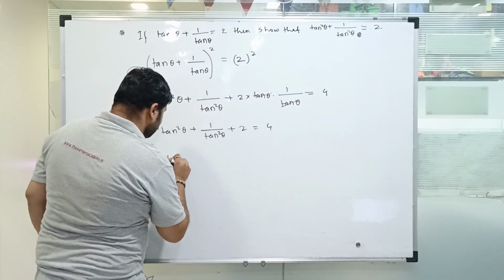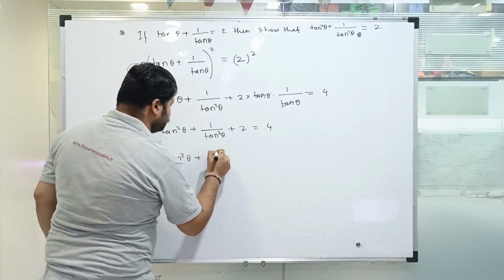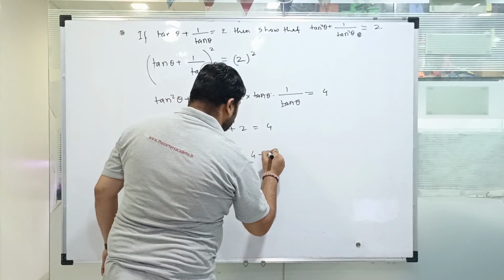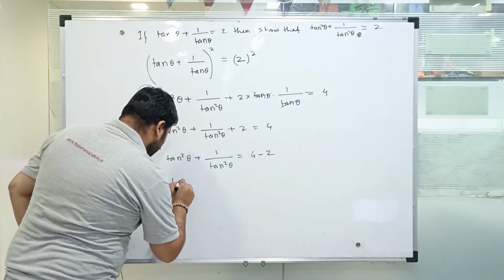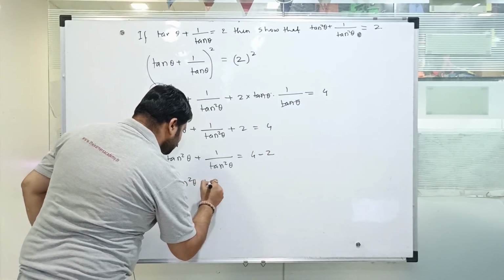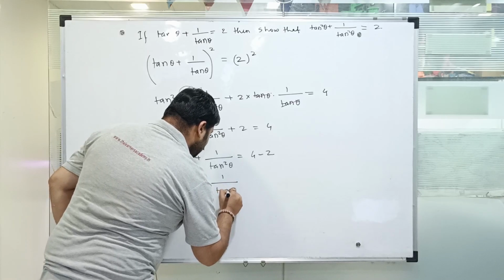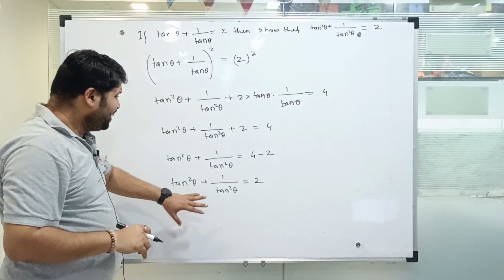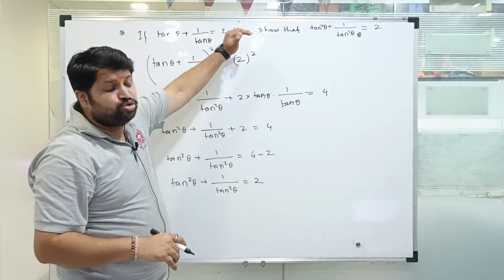Or I can say tan square theta plus 1 upon tan square theta is equal to 4 minus 2. So the final answer would be tan square theta plus 1 upon tan square theta is equal to 2. And this is what we had to show.